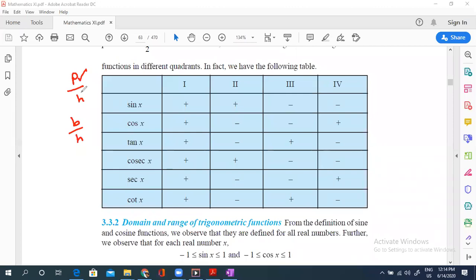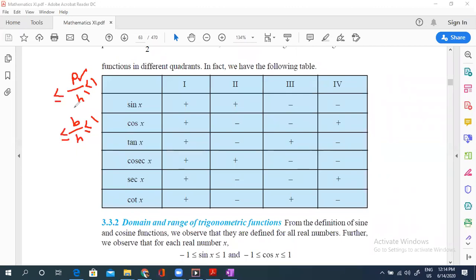No, right? It may be equal to hypotenuse when base is 0. So that's why it can never be greater than 1. That's why base by hypotenuse also can never be greater than 1.